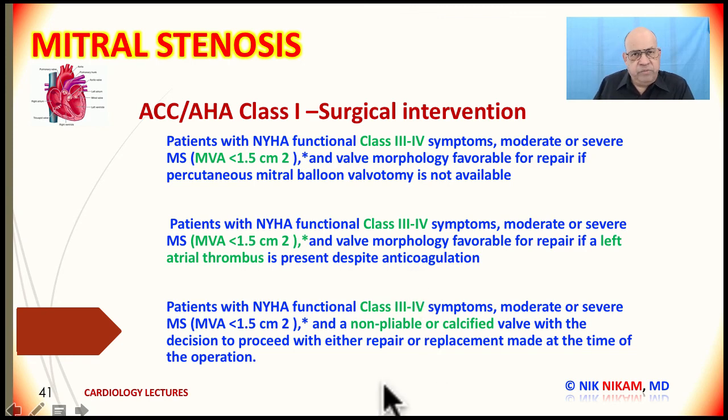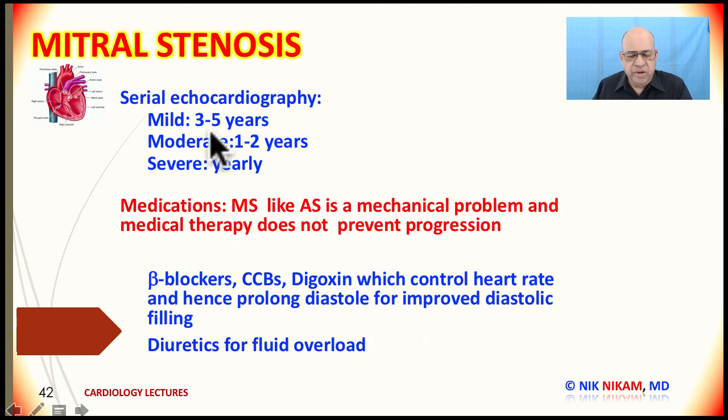The third group of patients are again those with class 3 to 4 symptoms who have a mitral valve area of less than 1.5 centimeters, whose leaflets are not suitable for valvuloplasty. So, ladies and gentlemen, echocardiography is not only useful in diagnosing and deciding what kind of treatment we need.